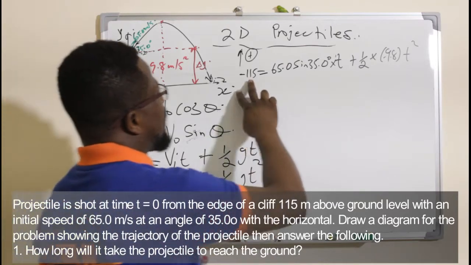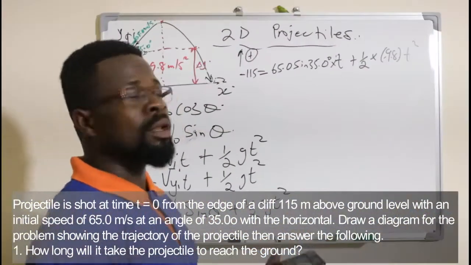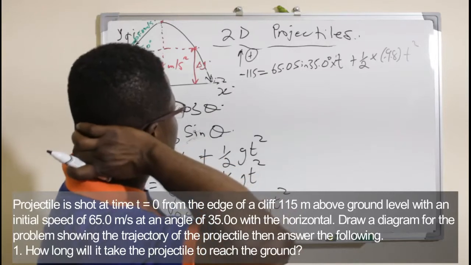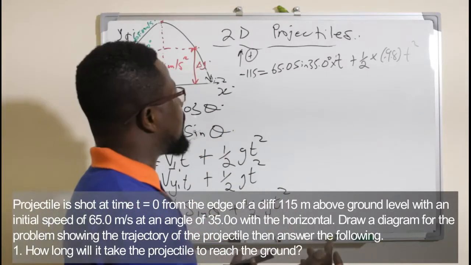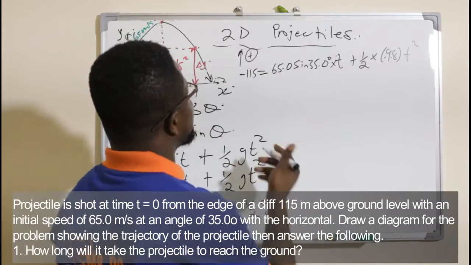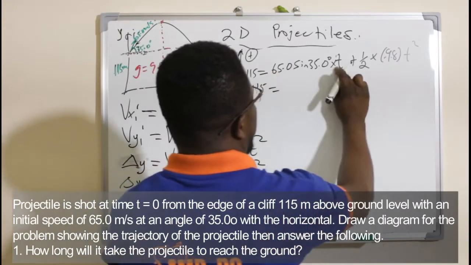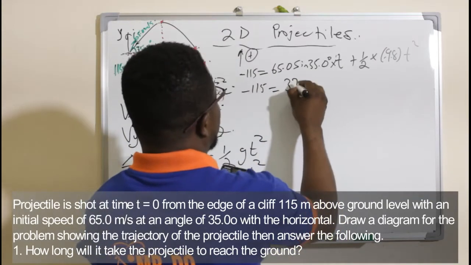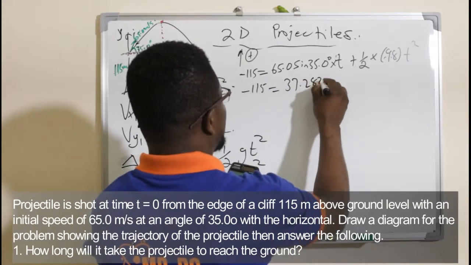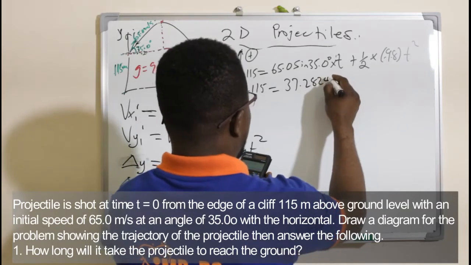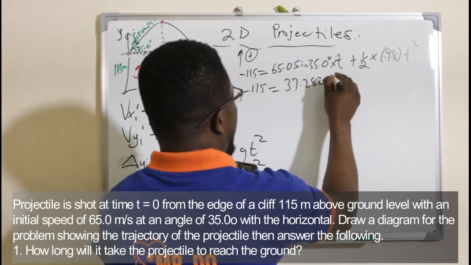Once we have this, you see, we're going to have a quadratic equation. So from here, I'll take my calculator and punch that in. I'm having negative 115 equals 37.2825t.